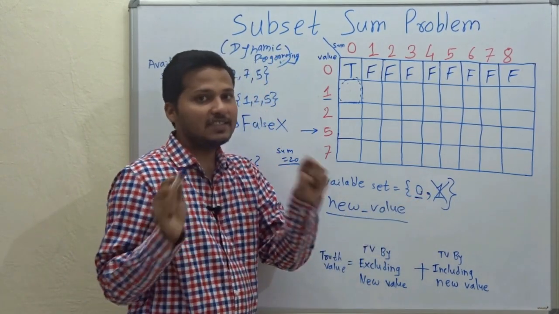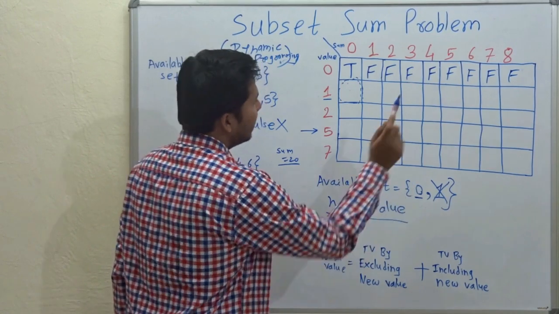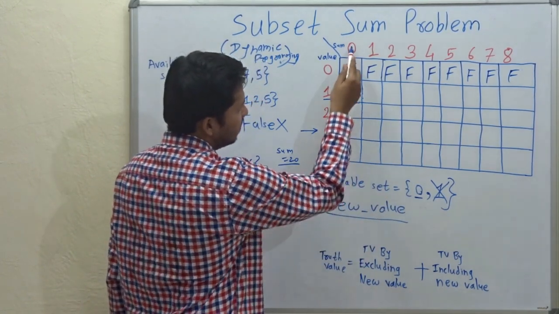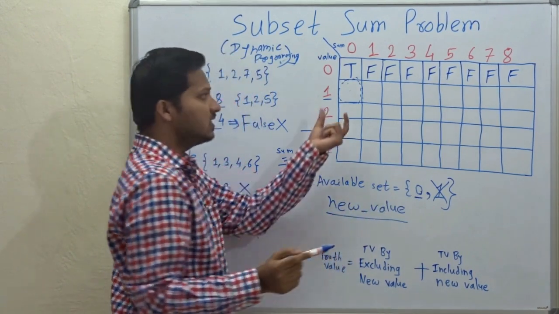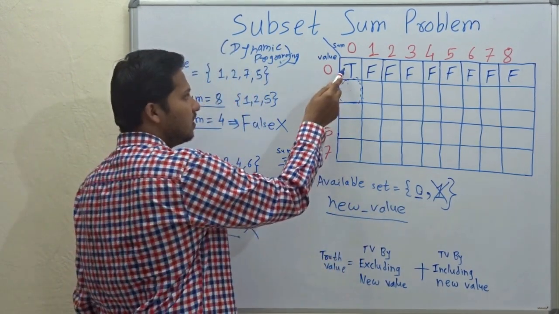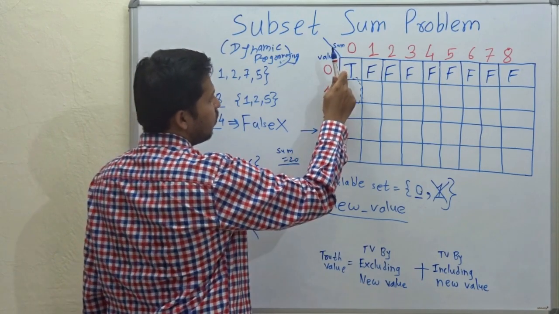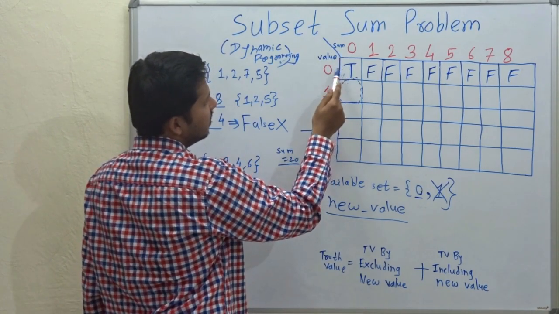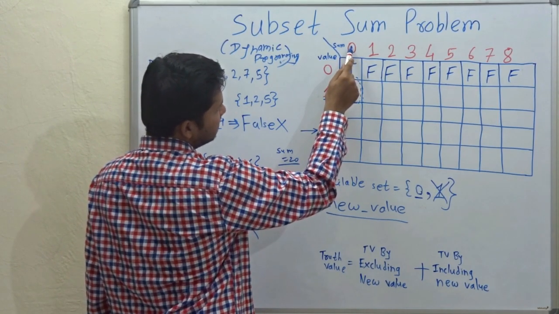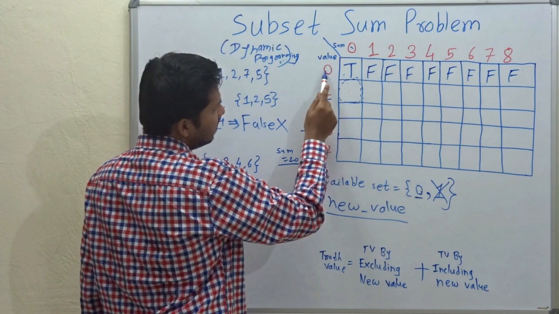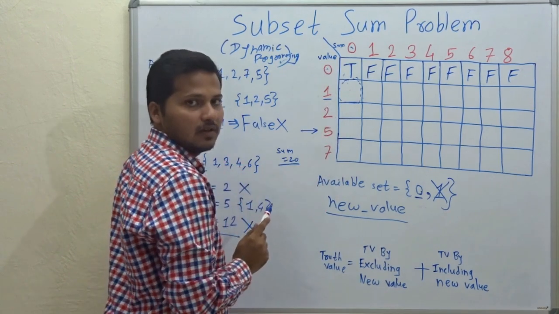See my sentence. I said whether I can form 0, that is this column value, by using 0, which is similar to the upper cell. Because for this cell what we did, we formed 0, we formed this 0 by using 0, right?